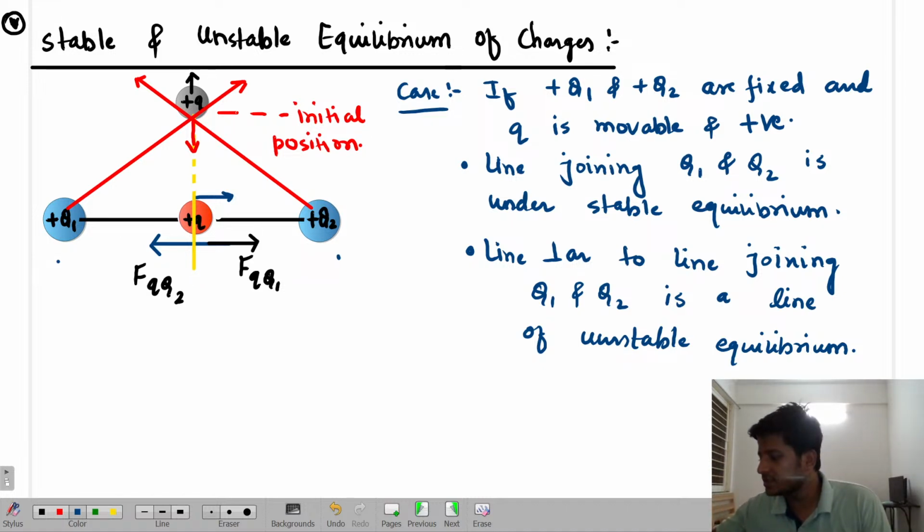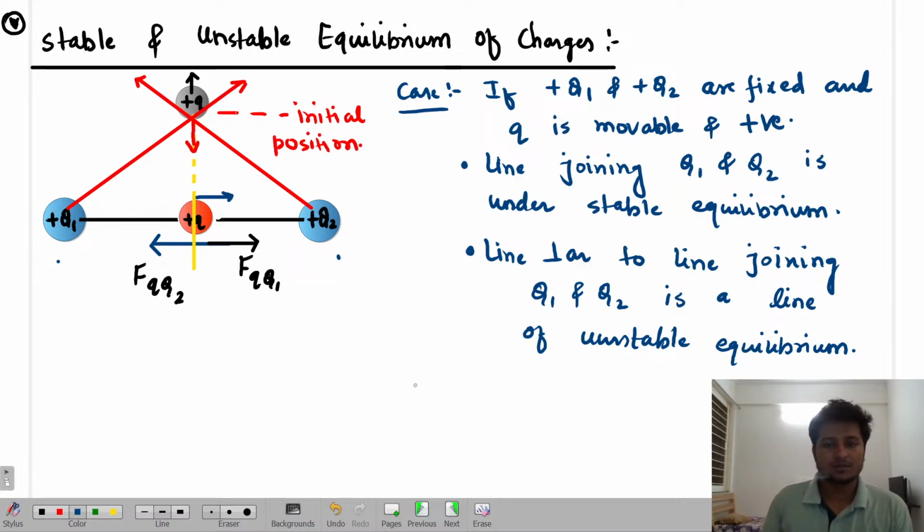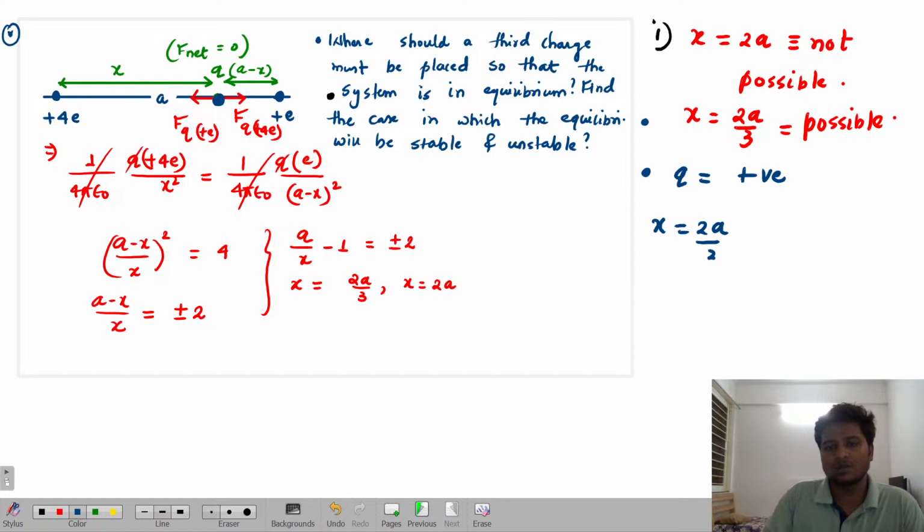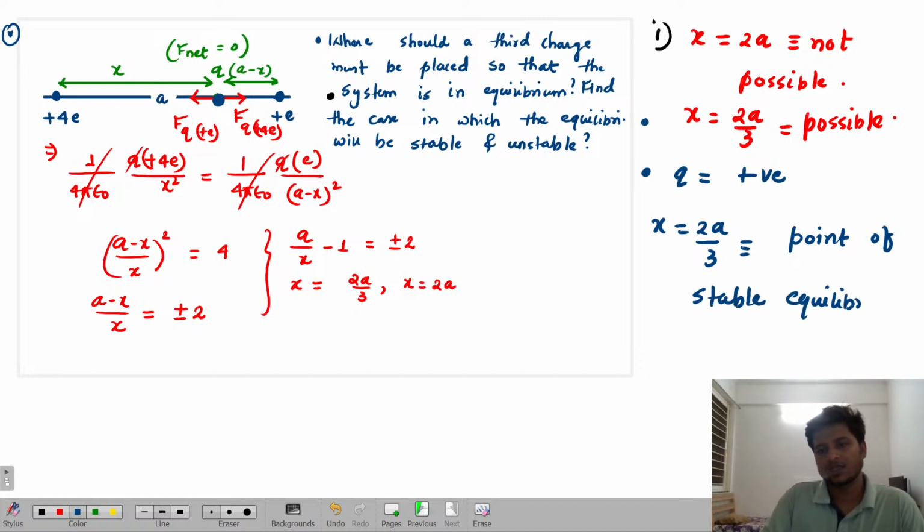Stable equilibrium का line है या unstable का? This is a line of stable equilibrium, isn't it? So इसका मतलब क्या मालूम चला कि x is equal to 2a by 3 is a point of stable equilibrium, if q is positive. Are you able to get me or not? Is this clear?